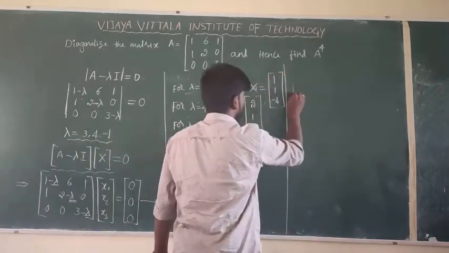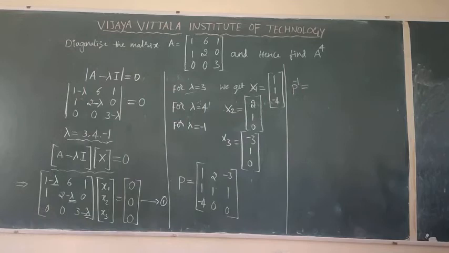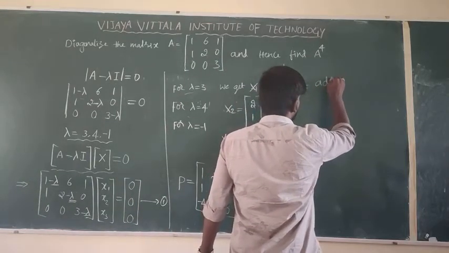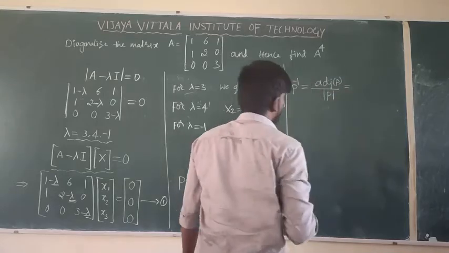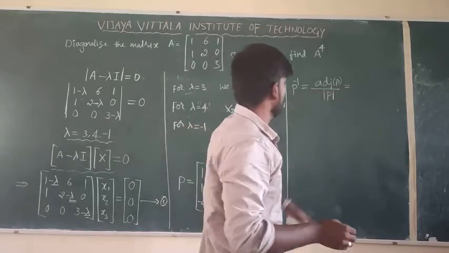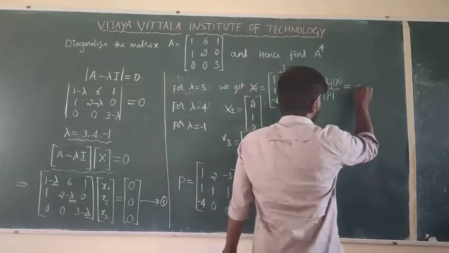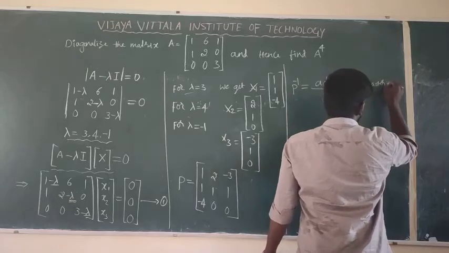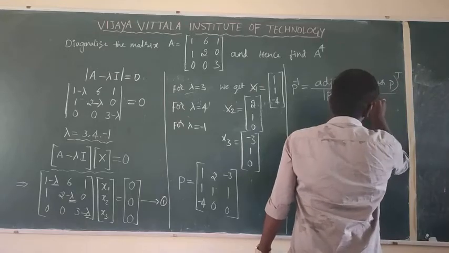We already learned in the previous classes how to find the inverse of a matrix: the inverse is the adjoint matrix of P divided by the determinant of P. The adjoint matrix of P is found by using the cofactor matrix, taking the transpose of the cofactor matrix.